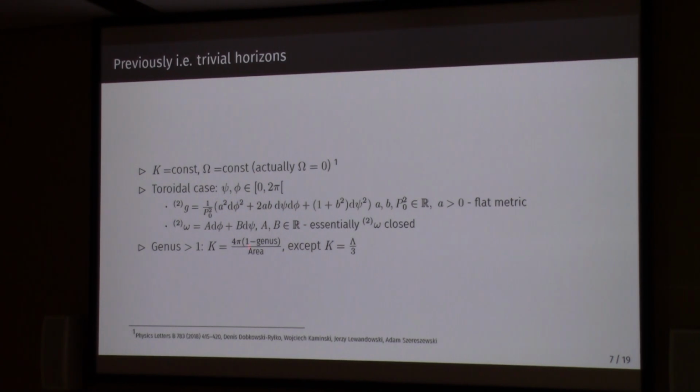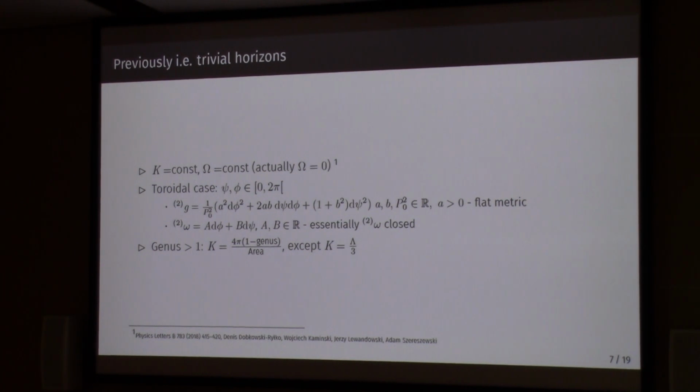The torus being just a product of two circles, we can introduce two coordinates, which are discontinuous at 0 and 2pi, but apart from that they are fine, and from the fact that k is constant, we get just the flat metric, and omega is essentially just a closed one.